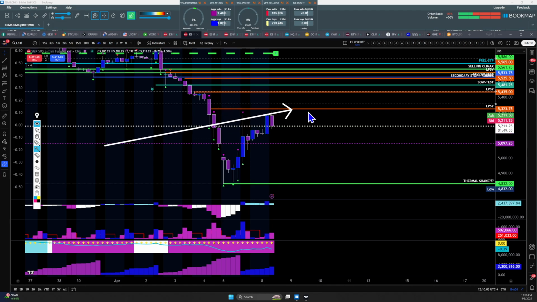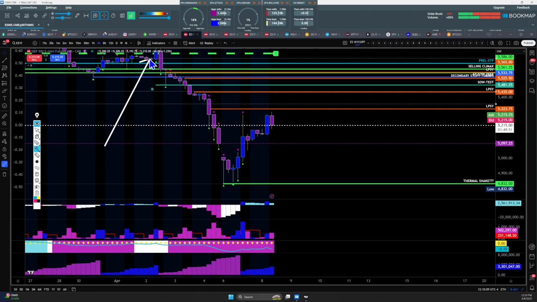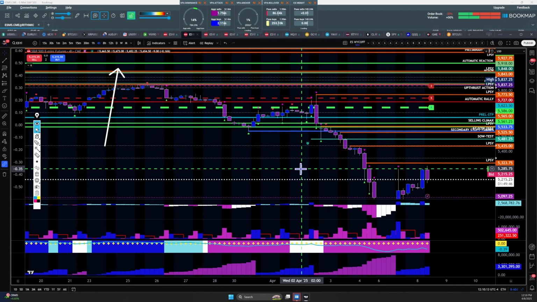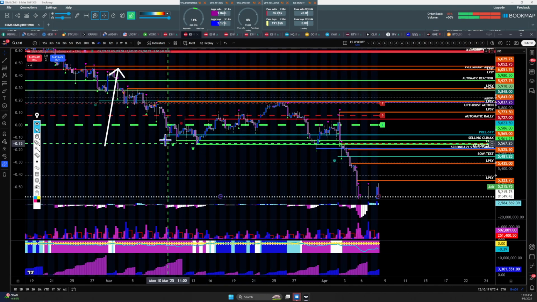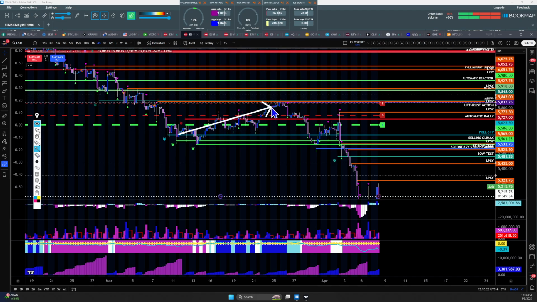So this is my LPSY. This is in the dominant trend, the selling trend. Considering this right here a redistribution structure, because if it's not one thing, it's the next, right? So we don't know until price action shows us, but we could anticipate what it might be. So if this is accumulation, we should take this as a terminal shakeout and push back up.